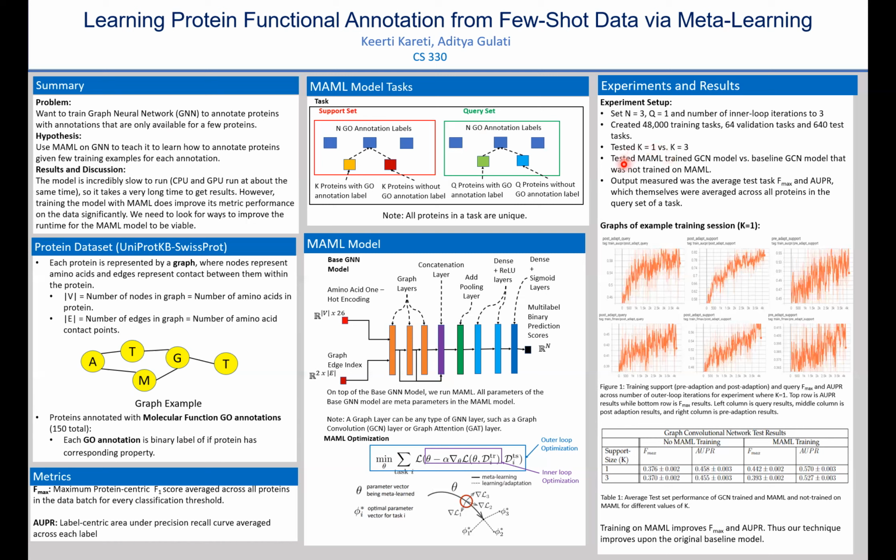For our comparative study, we tested the MAML-trained GCN model, the graph convolutional model described before, versus the baseline graph convolutional model that is trained without MAML. So basically, we have a GCN model with MAML and without MAML, and that would be described in the results. All the output measures were the average task Fmax and AUPR, which themselves were averaged across all proteins in the query set of a task, and these are what are presented in the results.